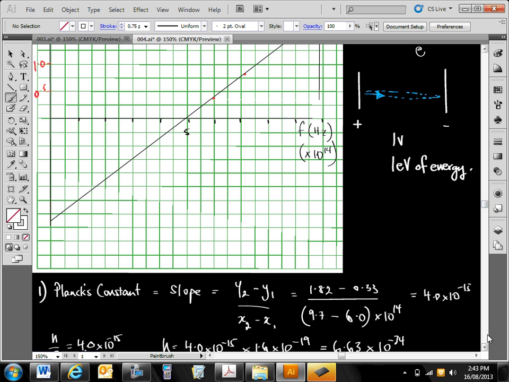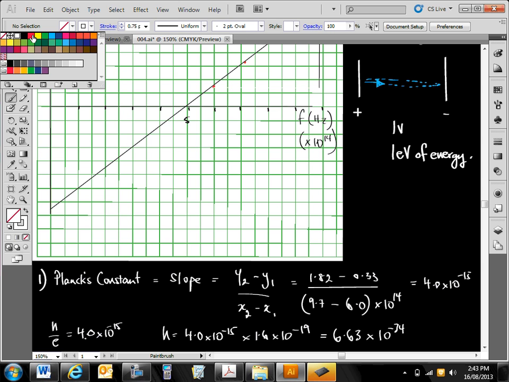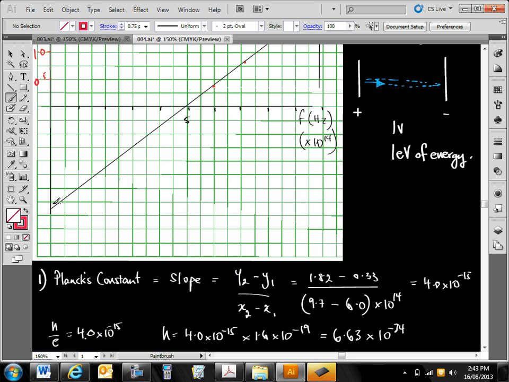But remember, we're using a simulator. Theoretically, the simulator is good. The next question says the work function of the metal. Yeah, it's the y-intercept, isn't it?